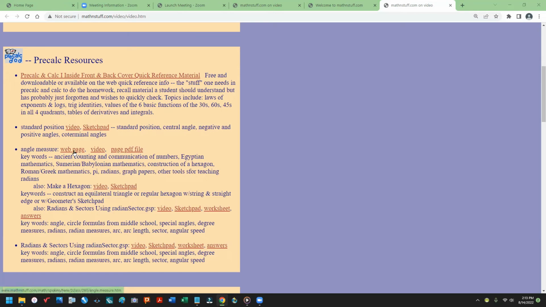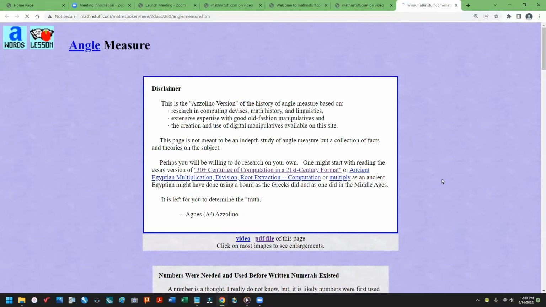I'm going to the web page. The web page on angle measure starts with a disclaimer. This is research I have done. I'm not a historian, I'm a math teacher. So the material that you see is because I've researched it and referenced it on other pages.